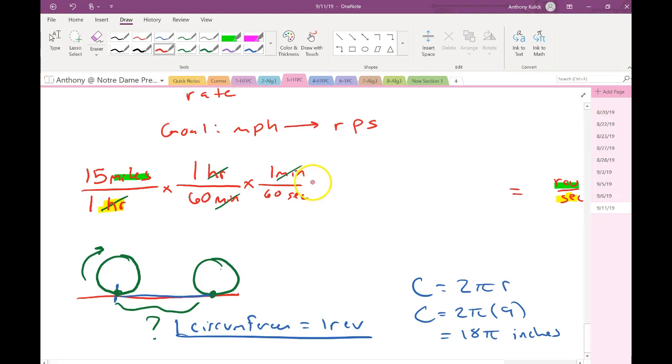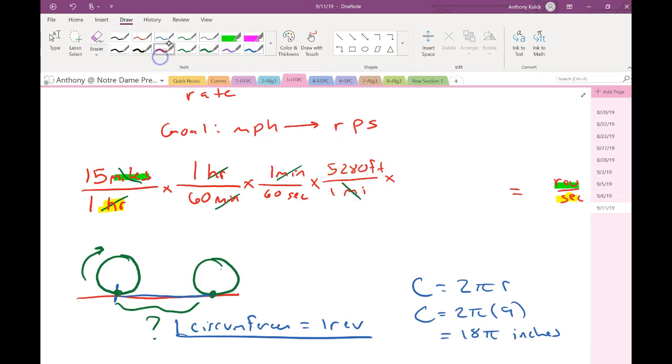So how should I convert miles to inches? Probably don't know how to go there directly, right? What would you want to do first? Miles. Let's do miles to feet first. Sure. How many feet are in 1 mile? 5,280 is correct. Good job remembering that.